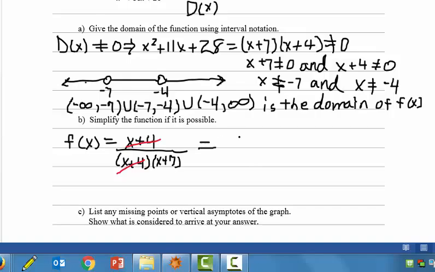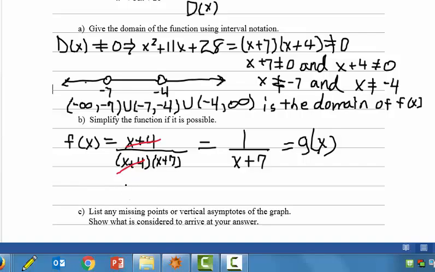So the numerator x plus 4 divided by x plus 4 is 1, and the denominator is now simply x plus 7. And this is our simplification, and we're going to call this g of x. So g of x and f of x are the same as long as x plus 4 wasn't 0, so as long as x is not negative 4.